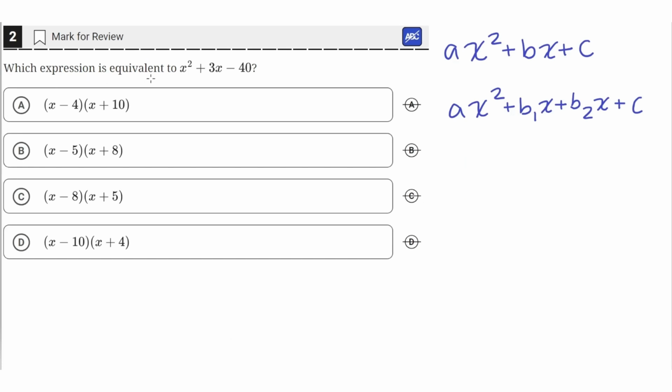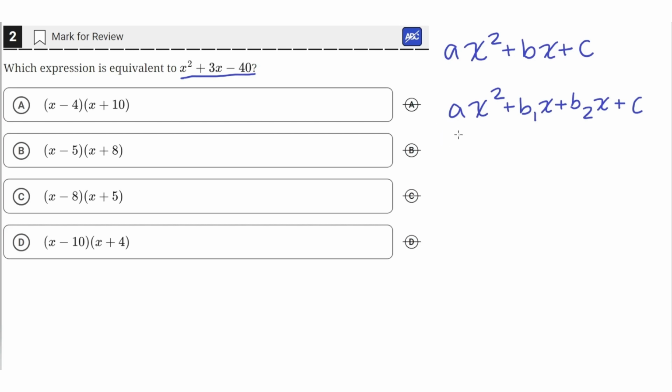Which expression is equivalent to x squared plus 3x minus 40? So by looking at the answer choices, we can see that they want us to factor this quadratic. This quadratic is of the form ax squared plus bx plus c.